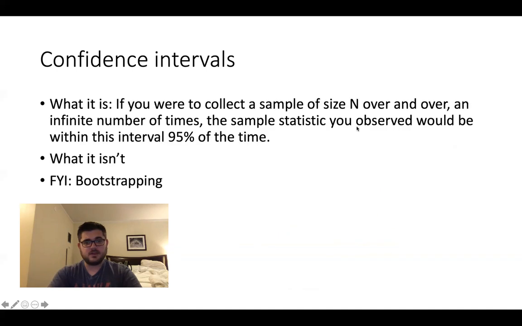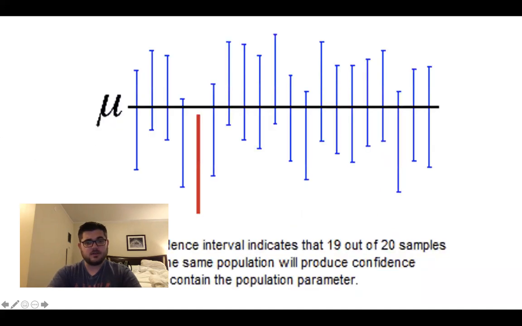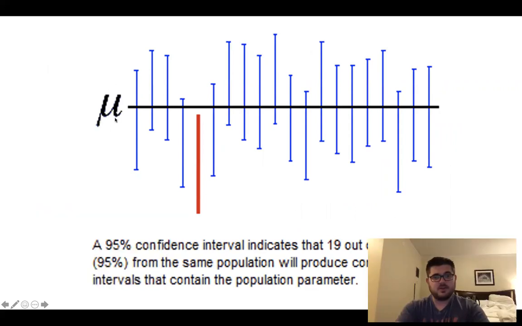Let's see, I think I have a graphic here. Yeah. So let's say the real mean, denoted by the Greek letter mu, is right here. So when you collect a sample, you have a confidence interval where the upper bound is the mean might be somewhere over here.